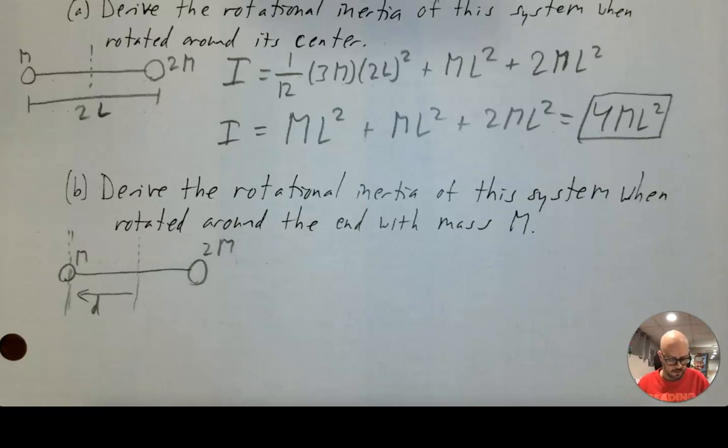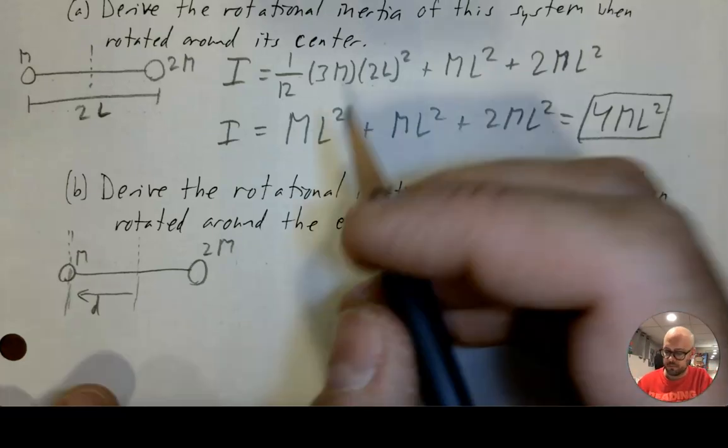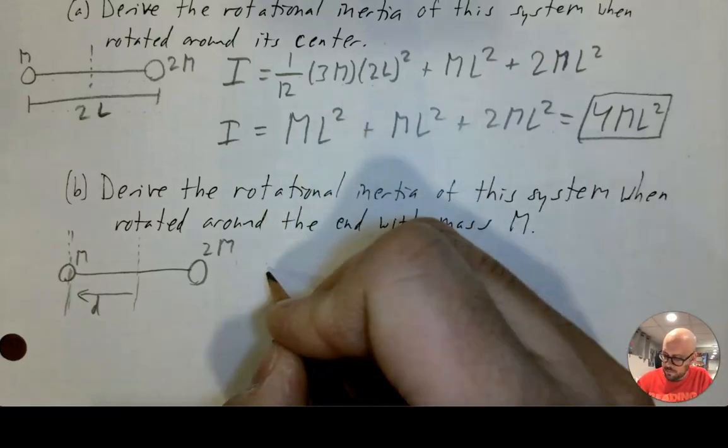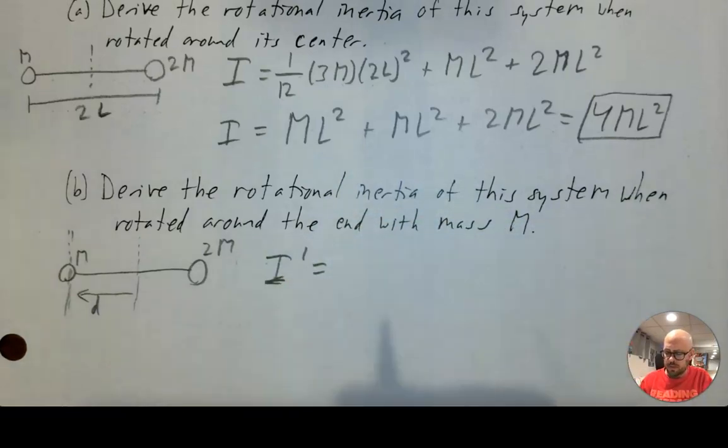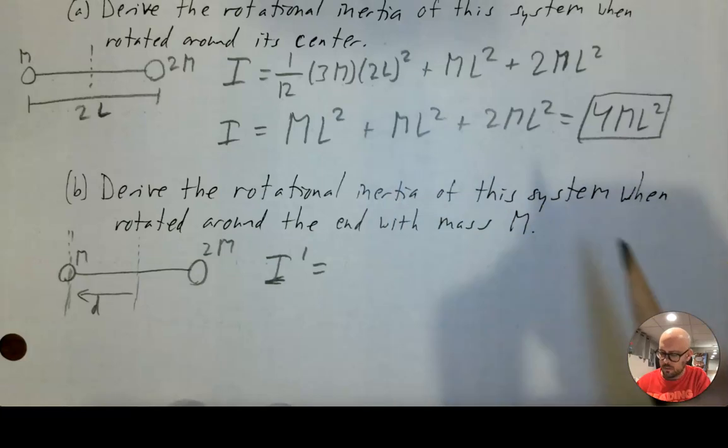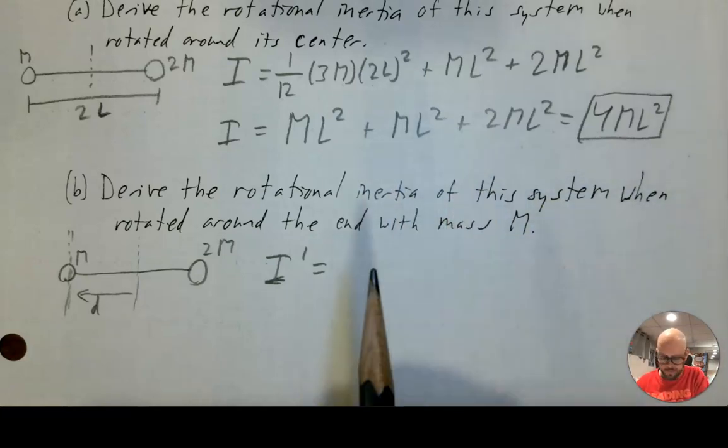We did the same thing for the other problem, but it ends up turning out a little bit different. So we'll use the parallel axis theorem for this one. Again, because we already know the rotational inertia around the center of mass, we're going to now move the axis to a different location. So the parallel axis theorem is going to be most helpful.